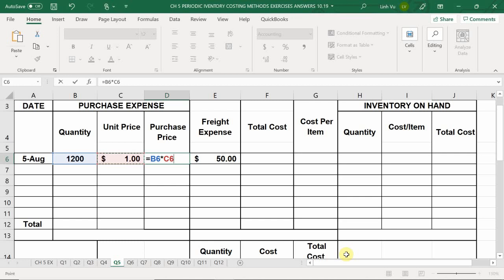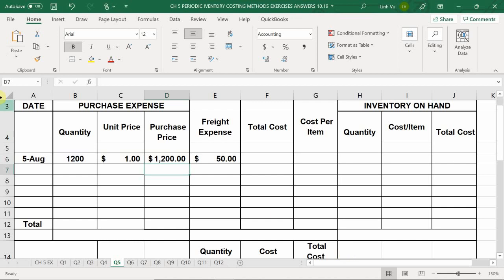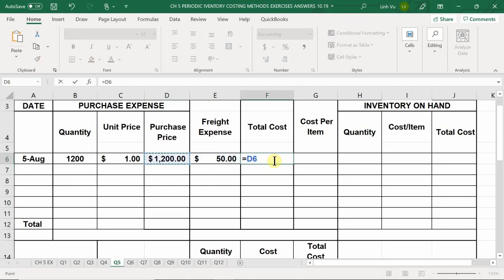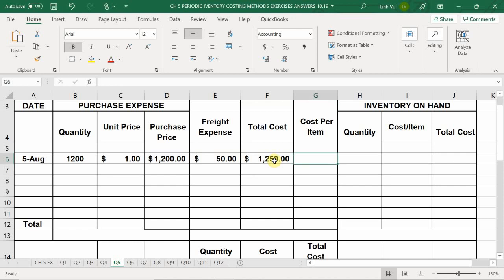If I have 1,200 toys at $1 each, that's $1,200. Plus my $50 of freight, what should be my total cost? $1,250. And because we are doing LIFO, we need to keep our batches separate.